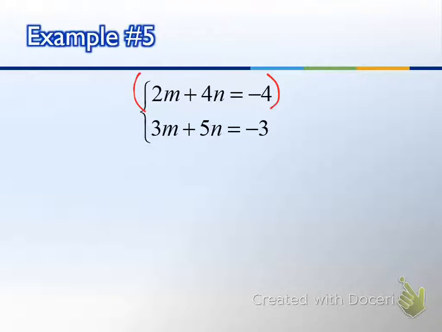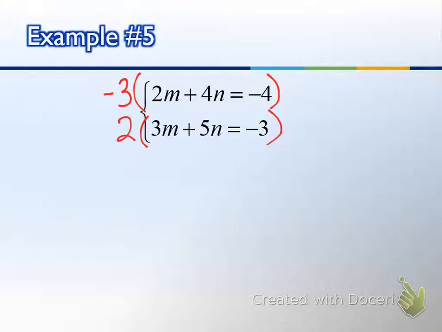So the top by what? -3, and the bottom by what? 2, and that's going to get rid of which variable? M, the first one, okay, yes. I know it's hard when the variables sound the same, M and N. So we are going to eliminate M, the first variable.